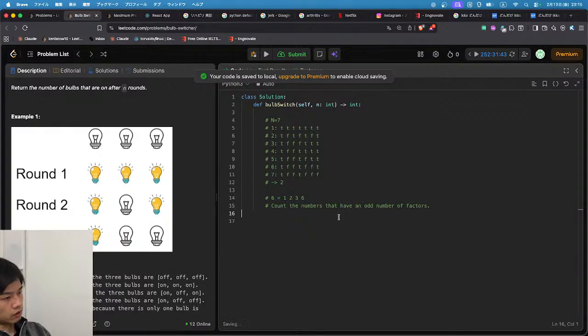Count the numbers that have an odd number of factors, right?